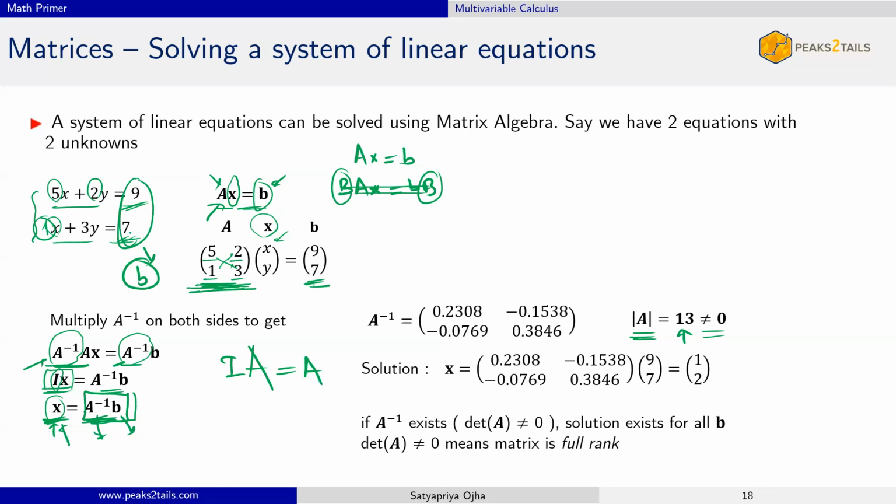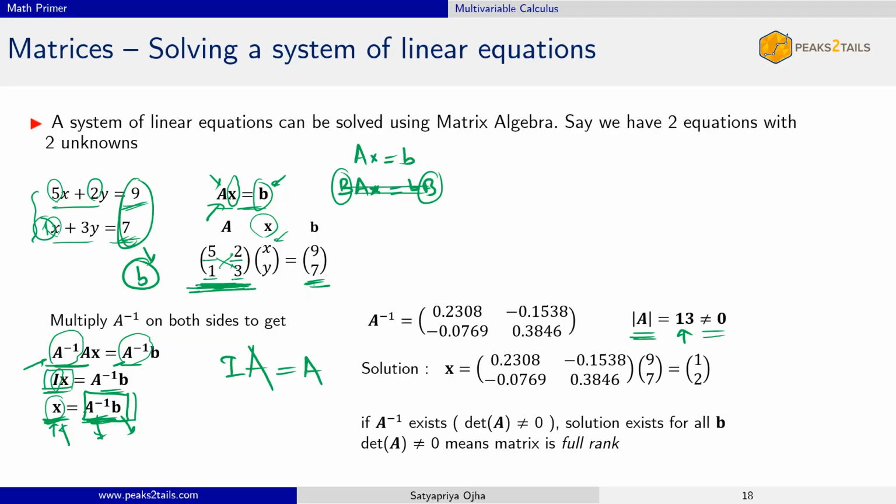Even if it's 1, 2, or 15, minus 33, still solvable. I can reach every single point in 2D space. I can reach every single vector in 2D space thanks to A being non-singular, in this case, full rank.